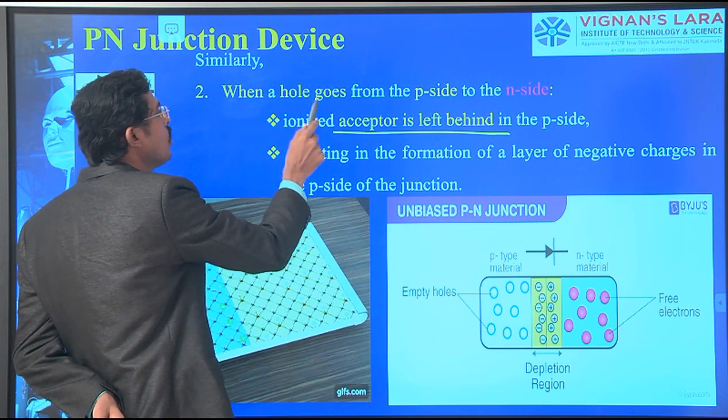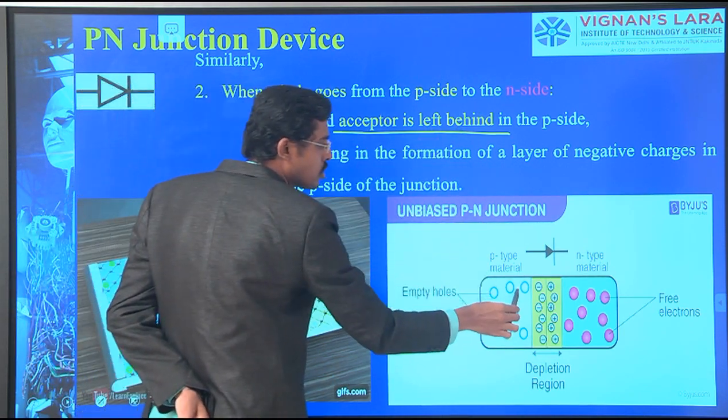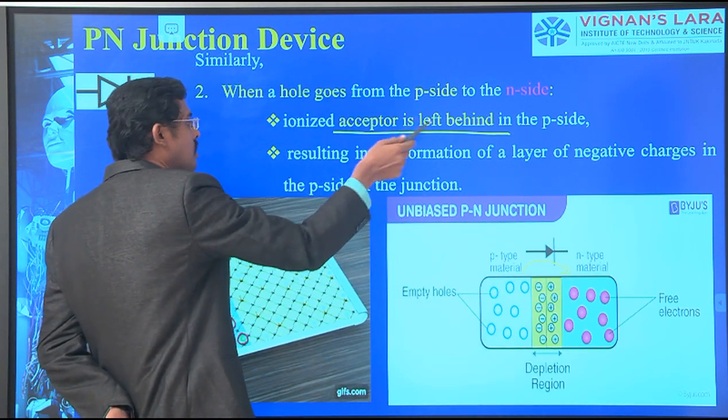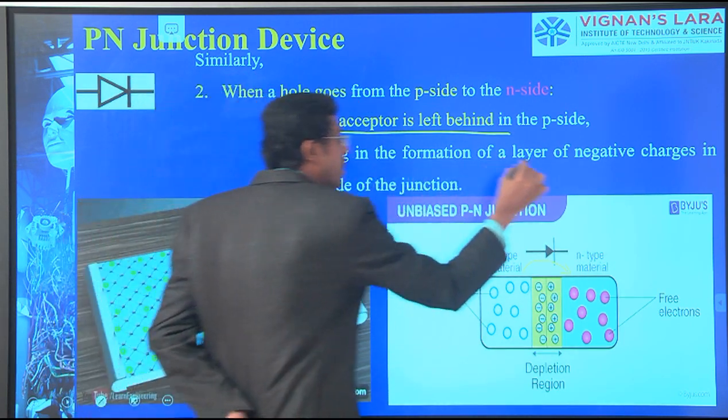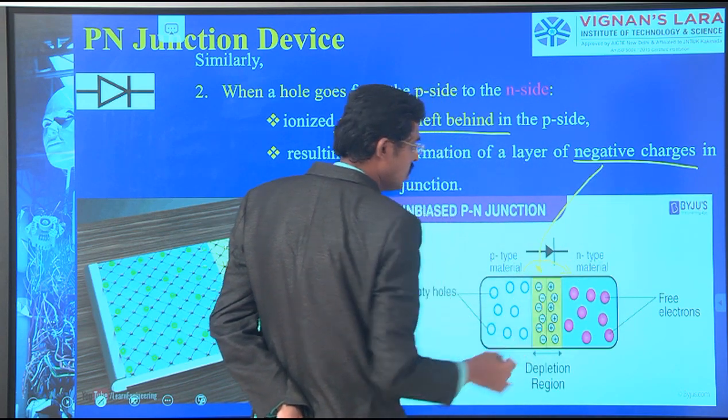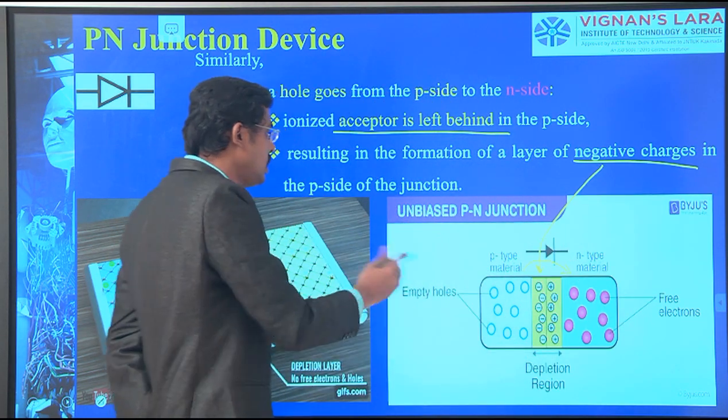When the hole goes from the P side to the N side, the ionized acceptor is left behind, resulting in the formation of a layer of negative charges. So these negative charges are formed in the junction.